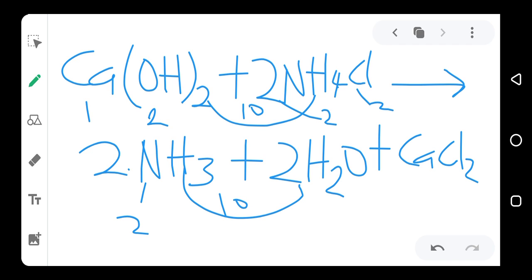For oxygen, total of 2. For calcium, total of 1. And for chlorine, total of 2. So we have everything balanced. This is the balanced chemical equation.